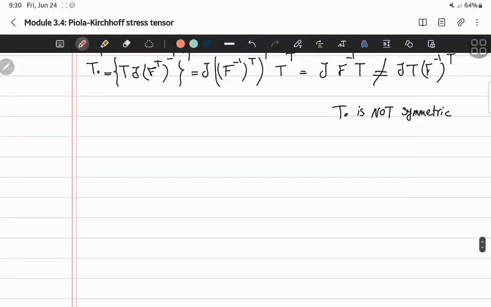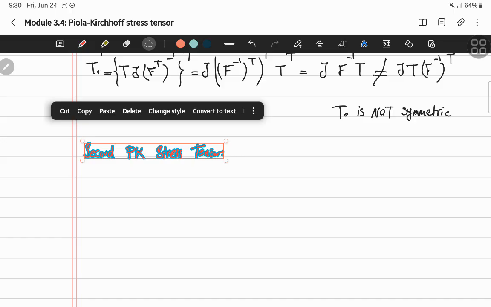So let's get to the second Piola-Kirchhoff stress tensor. But before moving to second Piola-Kirchhoff stress tensor, maybe it's a good idea to mention something, because I wanted to just explain this at the end of the video, but I think it's the right place to mention this.